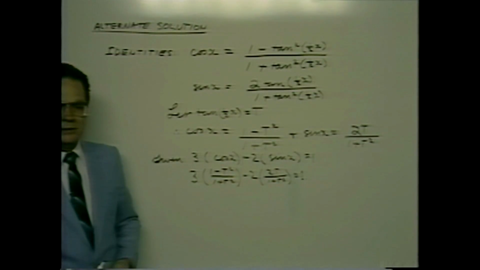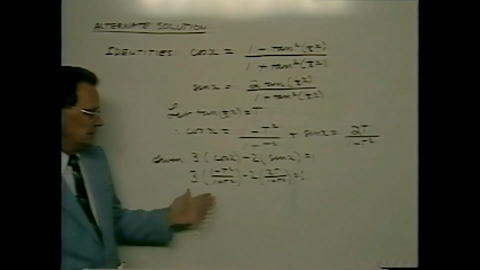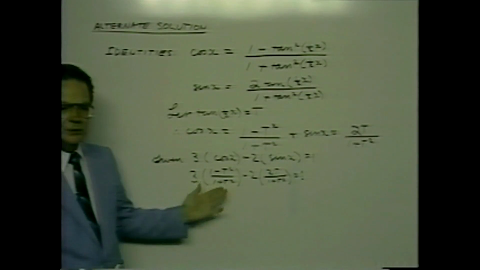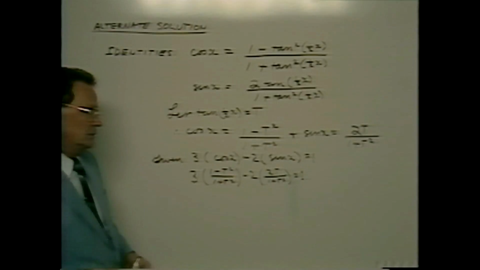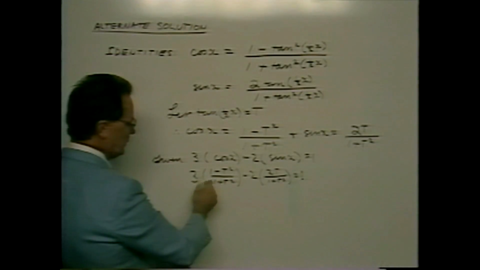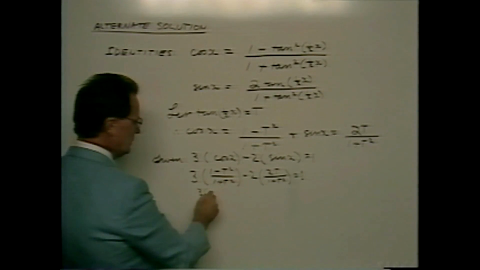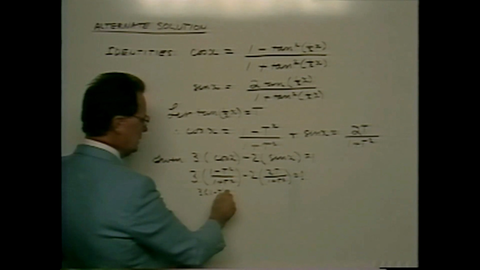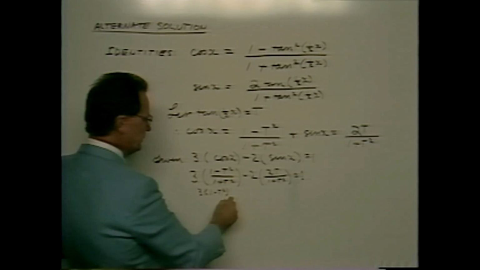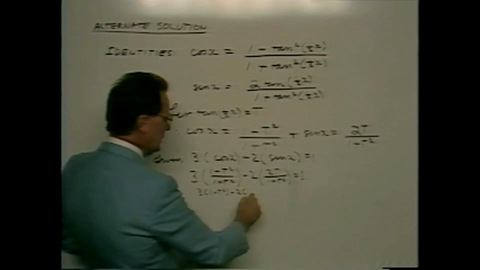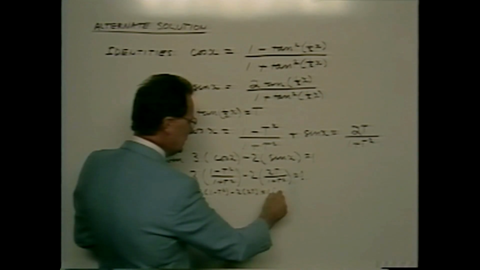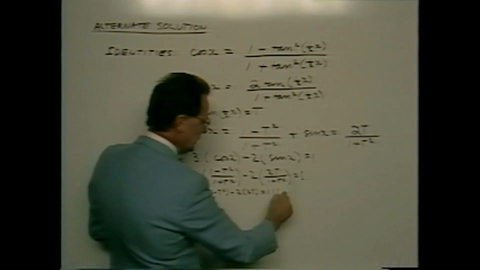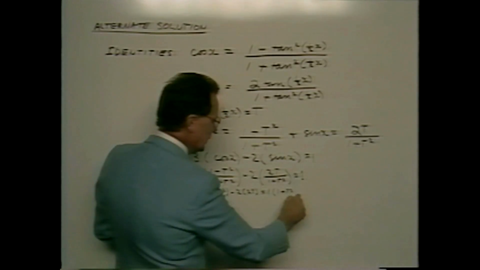Now, what is simply necessary here is to simplify the expression and reduce it to an equation as far as possible. 3 times 1 minus t squared minus 2 times 2t equals 1 times, the common denominator is 1 plus t squared.